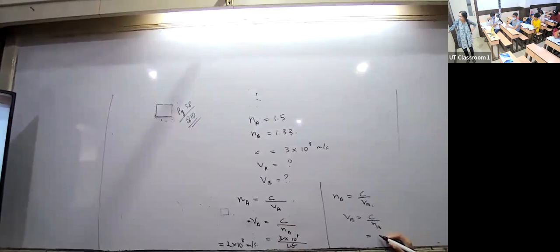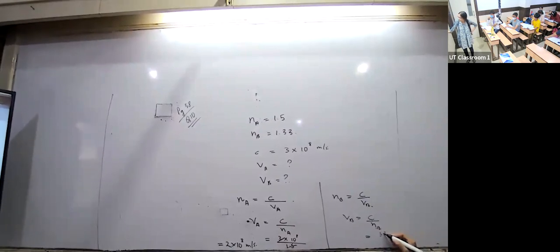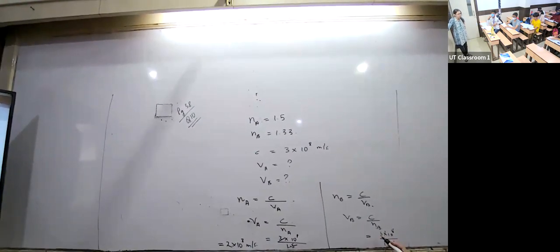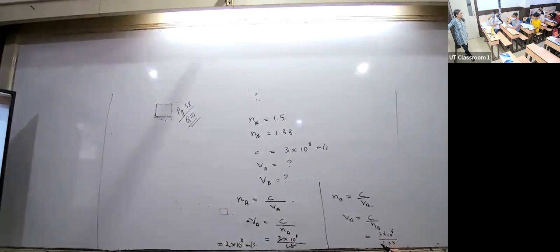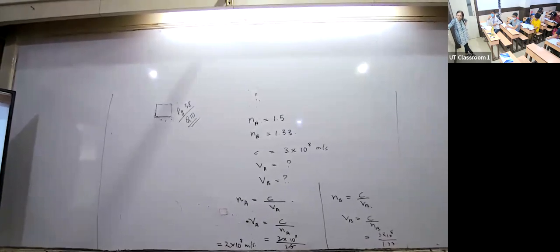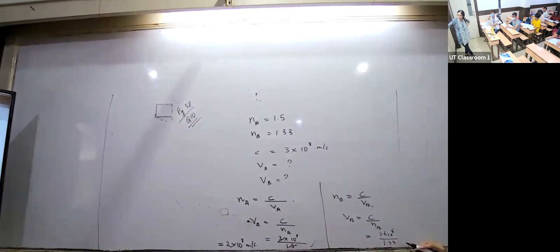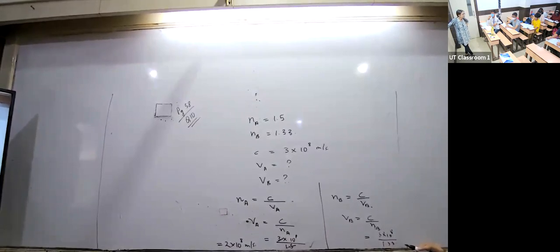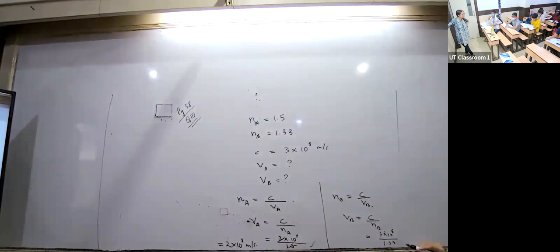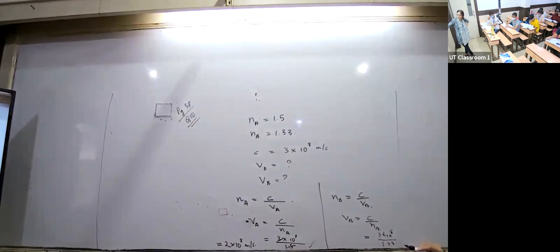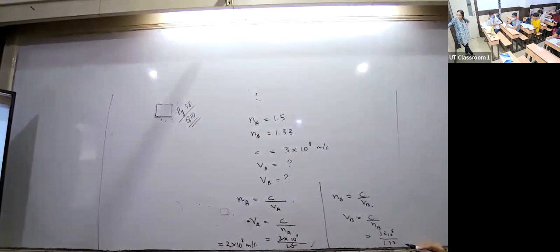So there is 3 into 10 to the power 8 upon 1.33, and our answer would be, I think, what are the two options? Let's select the best from that. Option A is 2 into 10 raised to power 8 and 1.33 into 10 raised to power 8, but that can't be. So now it is B. What is B? 2 into 10 raised to power 8 and 2.25 into 10 raised to power 8.